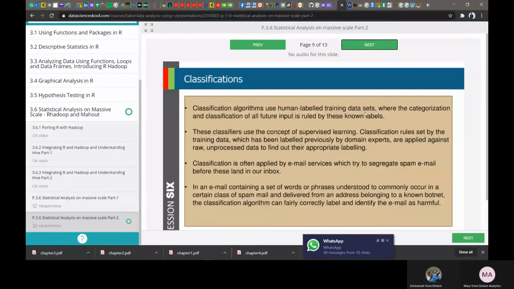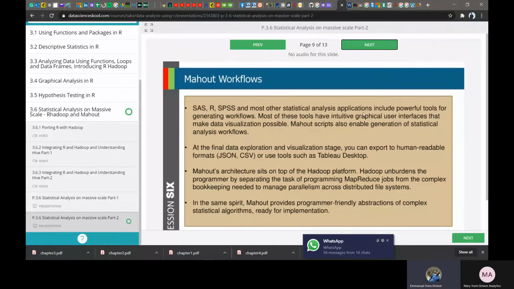Also talking about workflows, SAS, SPSS, and most statistical analysis applications include powerful tools for generating workflows. Most of these tools have an intuitive UI that makes data visualization easy.